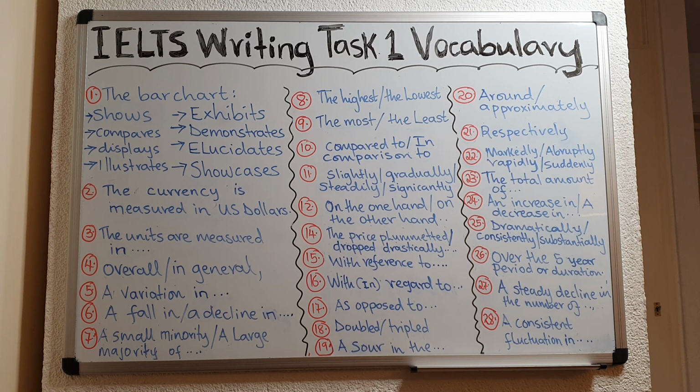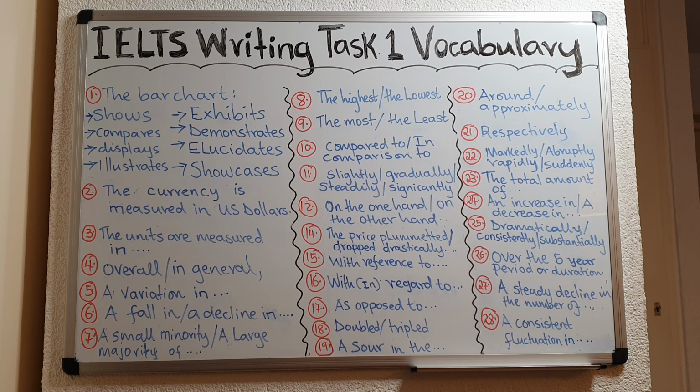Okay, on the one hand, the student population in Manchester University has increased significantly, whereas in the same time period, the student population in Bristol University has decreased steadily, okay, or significantly.